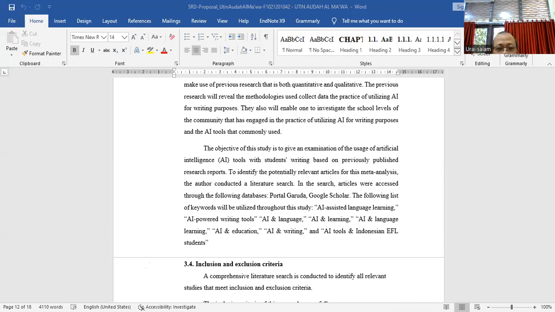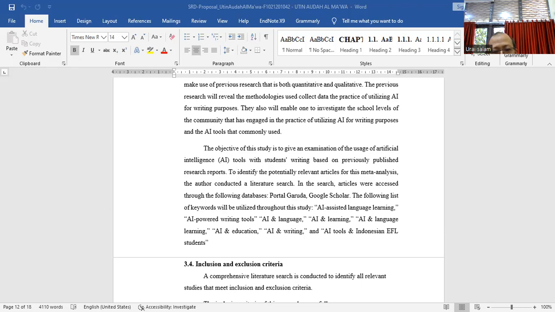The first one is the identification, that is the search engine that I'm going to use, and then the screening process. The screening means the inclusion and exclusion.